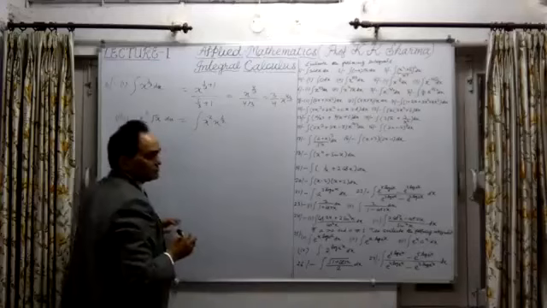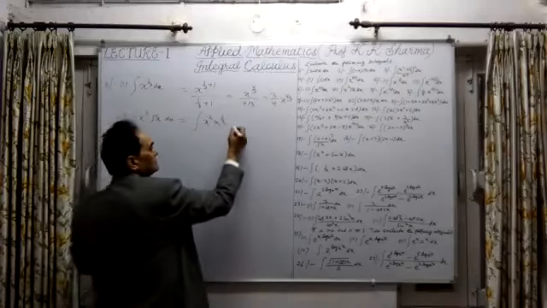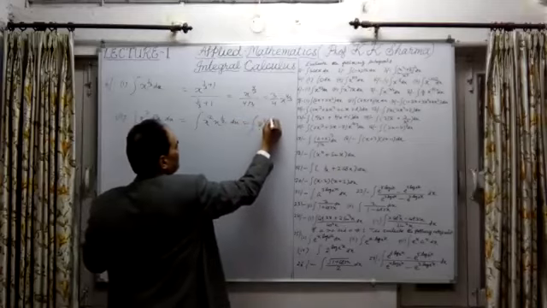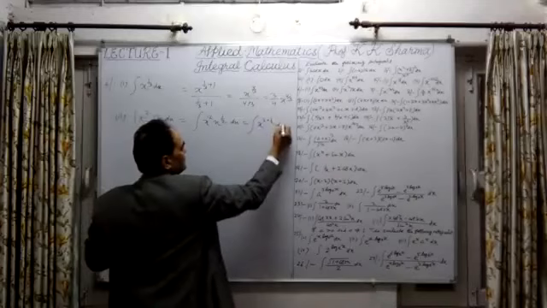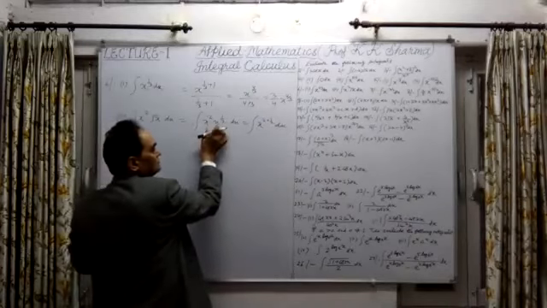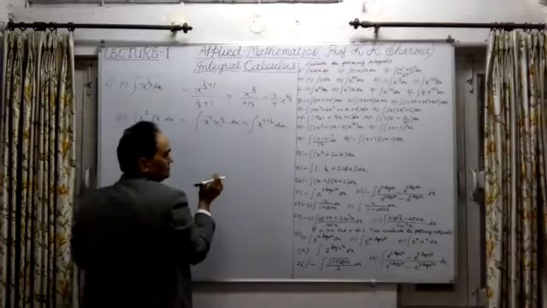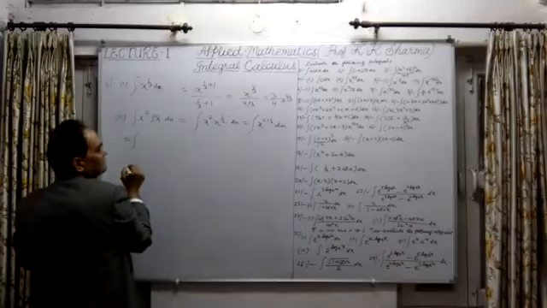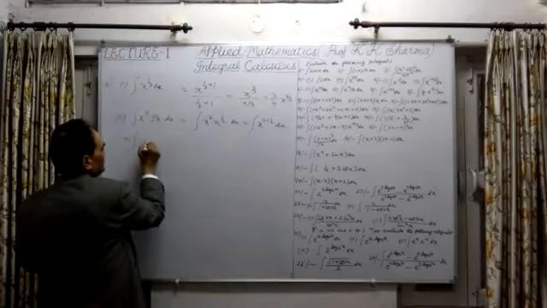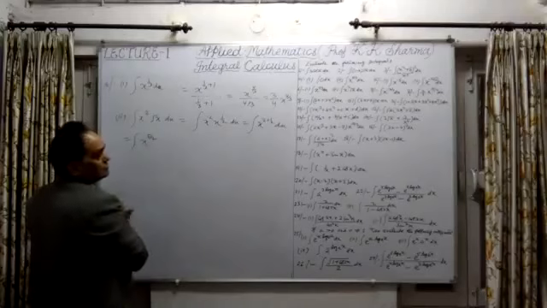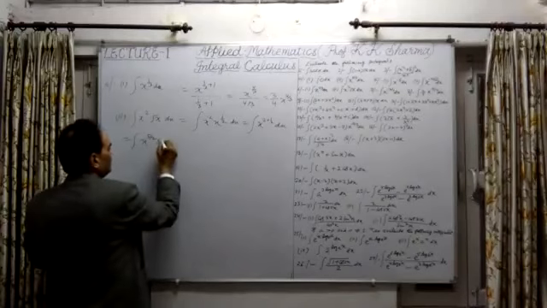When the bases are the same, the powers are added, so this is equal to the integration of x^(2 + 1/2) dx. These two functions are multiplied, but they have similar bases, so the powers are added. The final function for integration is x^(5/2), that is 2.5, dx.